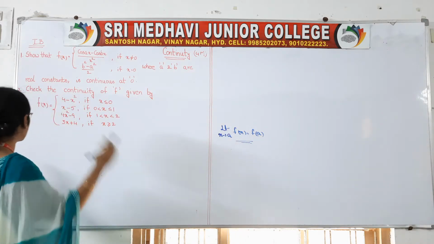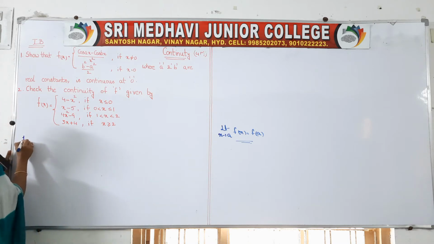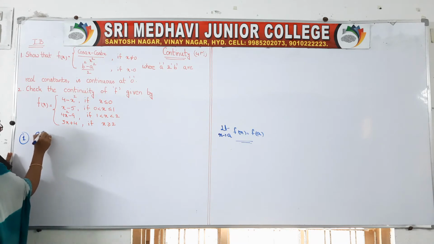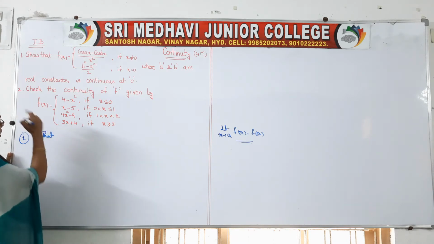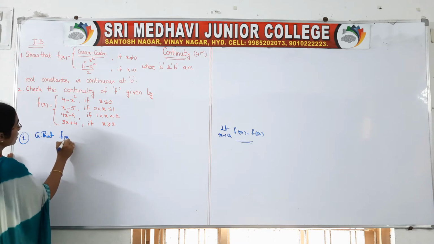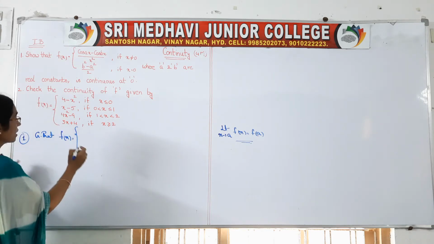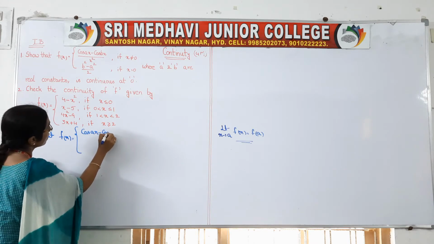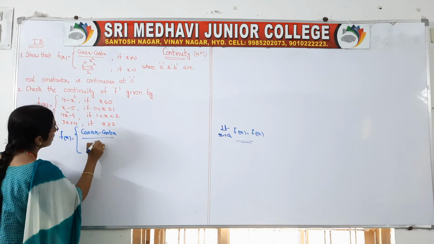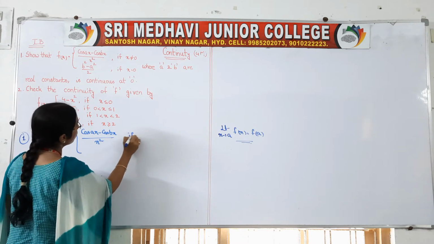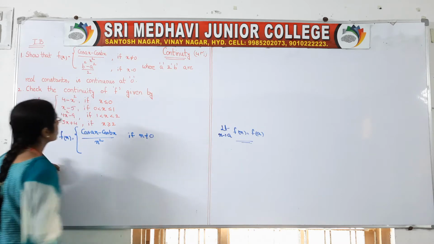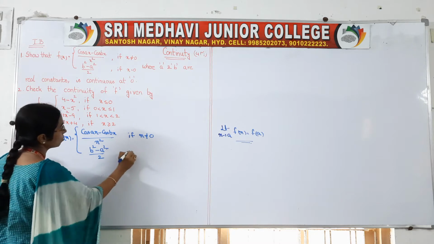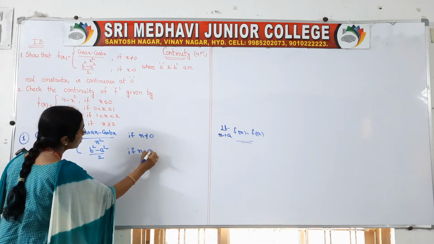Okay, so come on, now first you take your question. What is the given information to you? Given that f of x is equal to cos ax minus cos bx by x square if x not equal to 0, and b square minus a square by 2 if x is equal to 0.